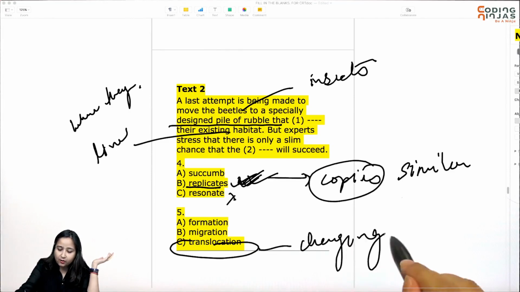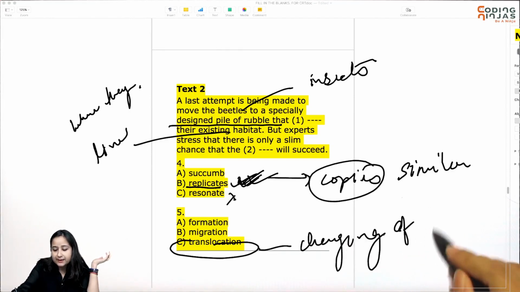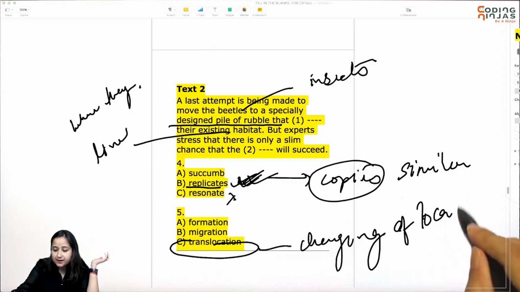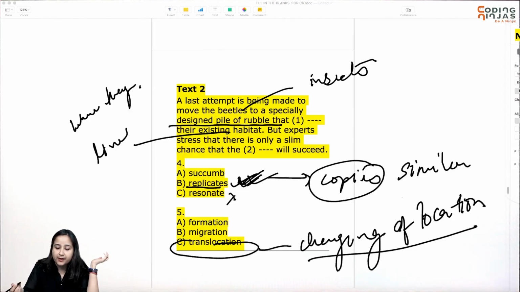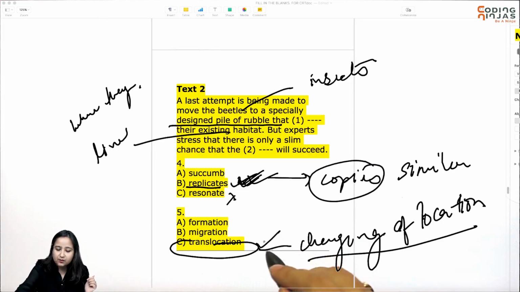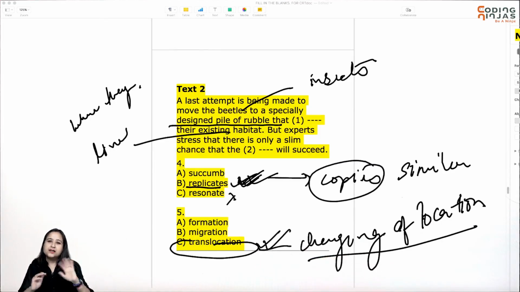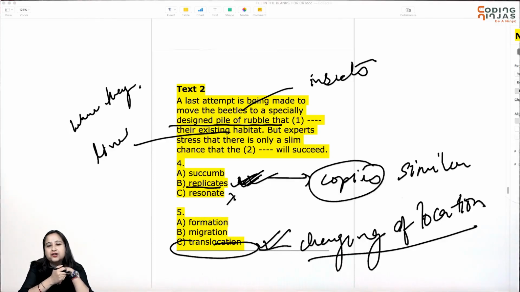They are saying that although a similar habitat, a similar area, a similar style of living is being found for them, the experts are saying that the chances of the success of the translocation are very less. There's very little chance that it will actually succeed. Means the beetles are being moved from their habitat, but they will not go. The chances of the movement are not good.